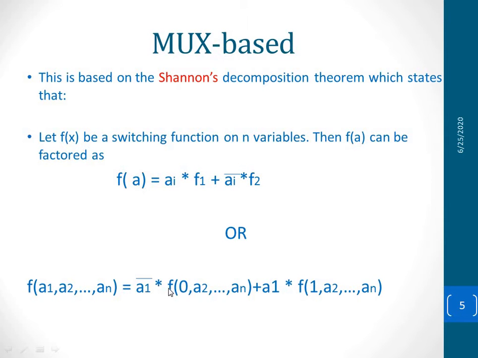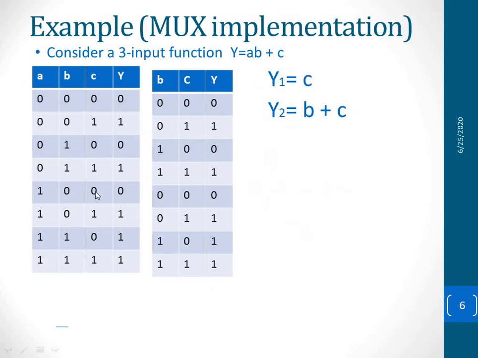ai bar and that function replaced with 0, and a1, that function replaced with 1. You can look here, 0 the same function and 1 the same function. Getting it? Now if I take out this ai bar and a, BC is now removed because of ai bar and ai, so it is simplified as b, c and y.